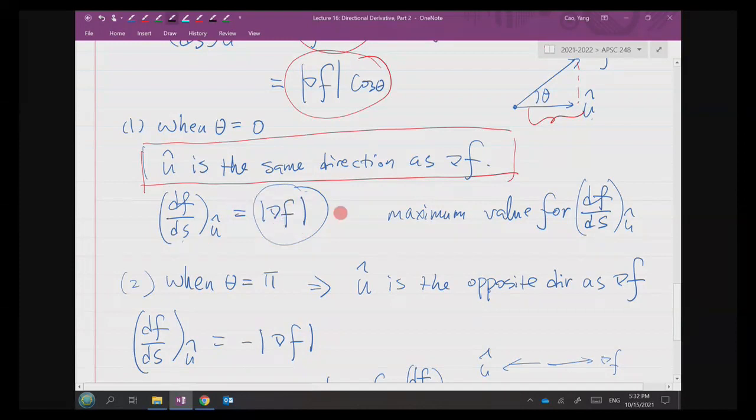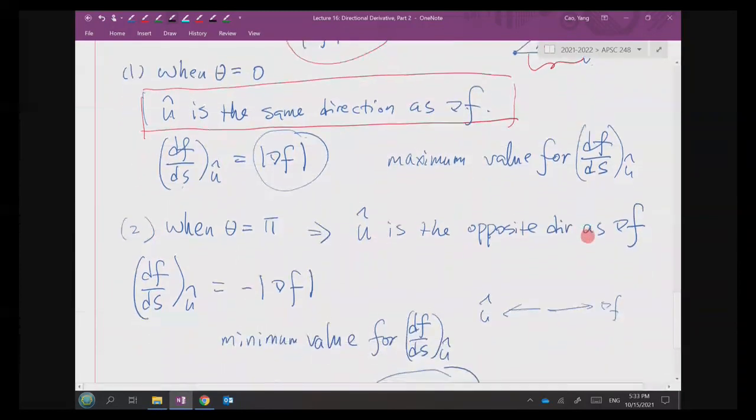That's exactly the comments that we have made about the gradient vector: it points in the direction of greatest increase, and its magnitude represents the rate of change. Here the magnitude represents the rate of change, and the direction represents the greatest increase.